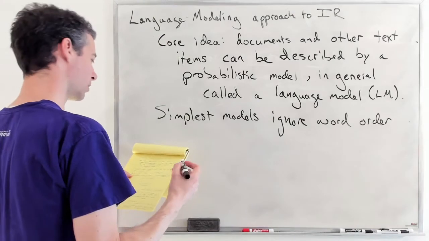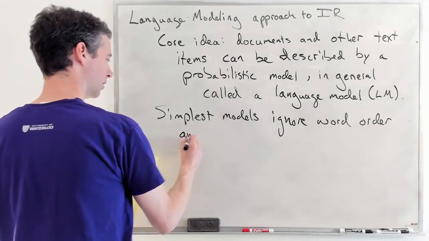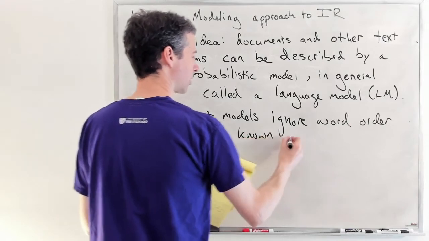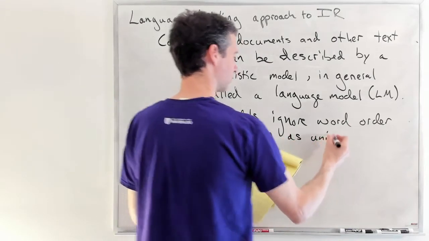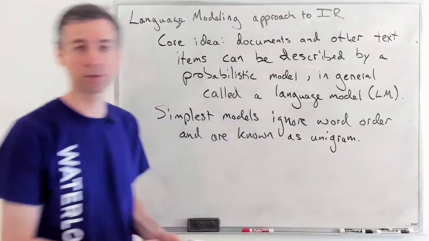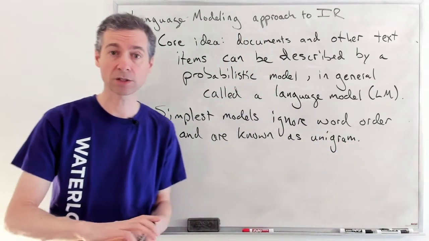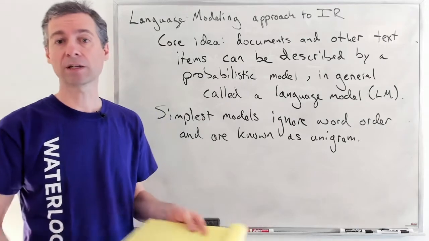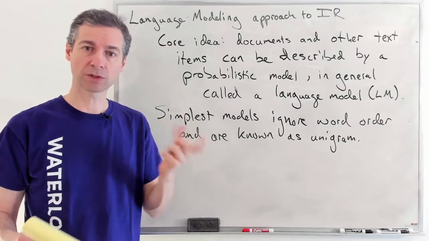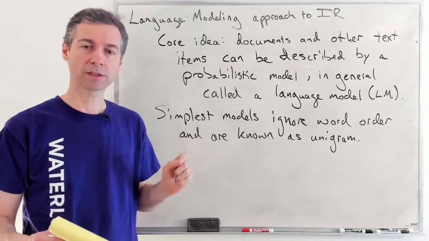They ignore the word order and are known as Unigram models. Now, there are language models that are not Unigram models and do pay attention to word order. We have bigram models. They pay attention to pairs of words in the order that they appear in the document.